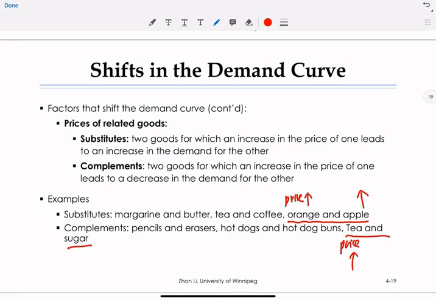And if a person who drinks tea and sugar together, now you will drink less tea, right? As you drink less tea, you will buy less sugar. So now the demand for sugar decreases, right? So you can see that again, this tea and sugar example fits into the definition of complements.